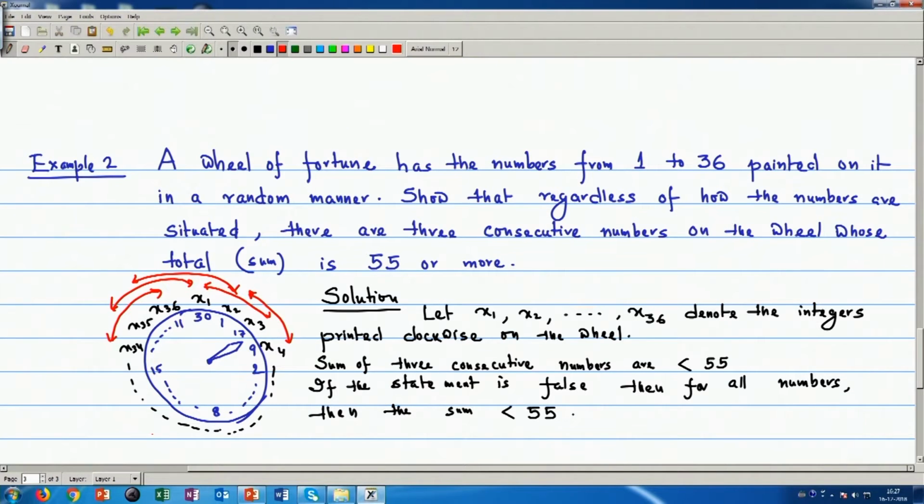all these consecutive numbers must have a sum less than 55.